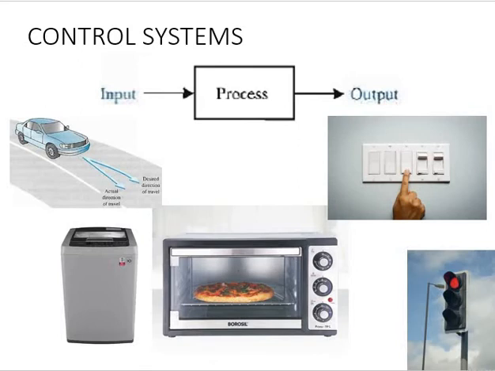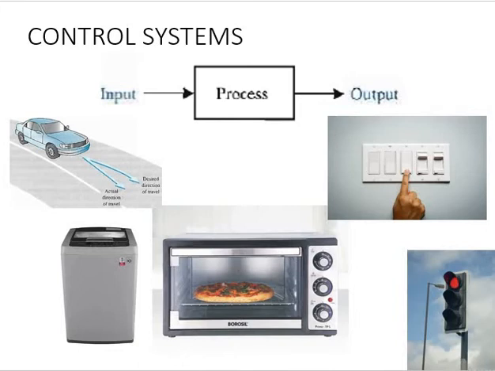One more example is the oven. If you want to put in bread, onion bhaji, potato bhaji, coffee or tea, or samosa, you keep it in the oven and give some heat through the knob.